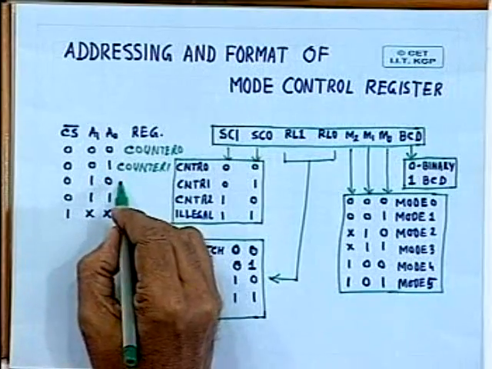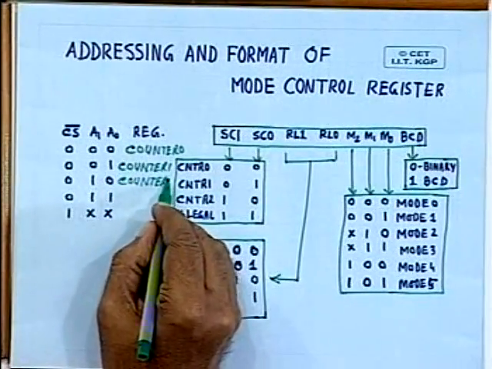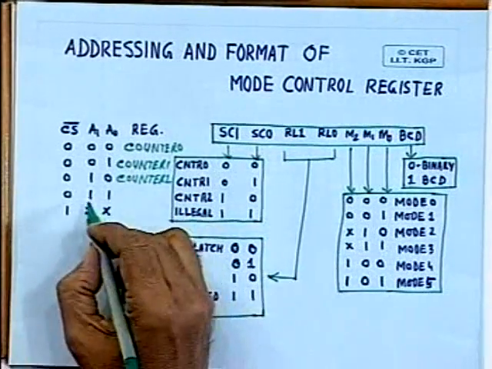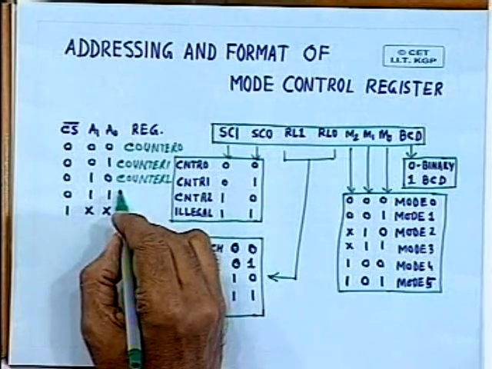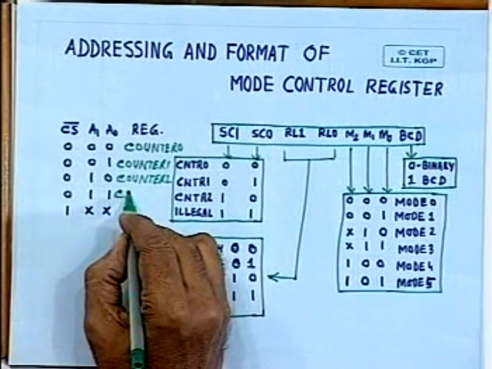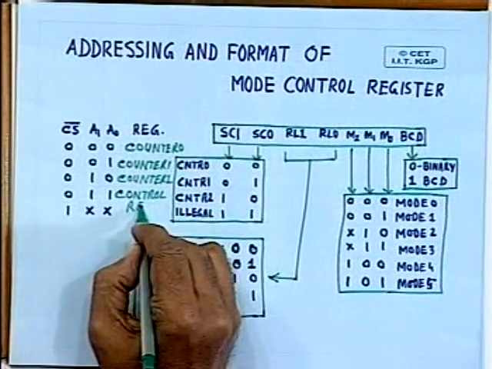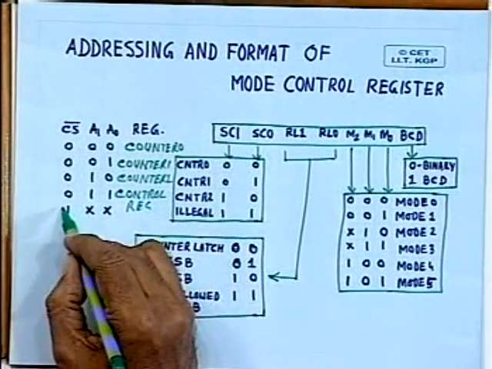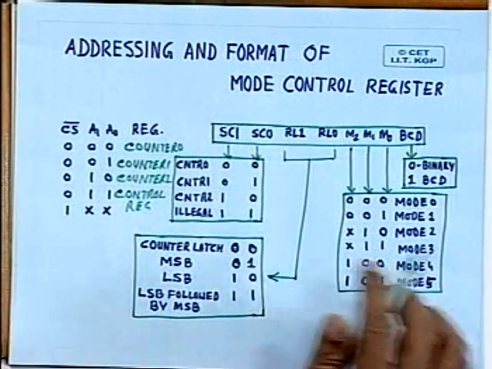Whenever it is 1, 0, then counter 2 is accessed, and whenever these two bits, A0 and A1, are 1, 1, then you access the control register or mode control register. And of course, whenever the chip select line is high, you cannot access any of the registers.